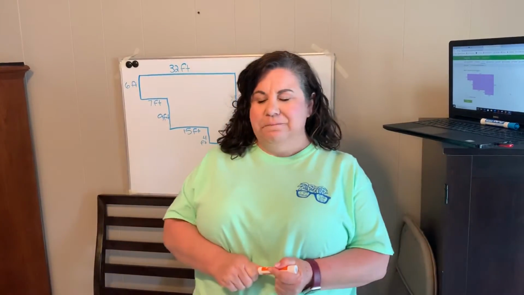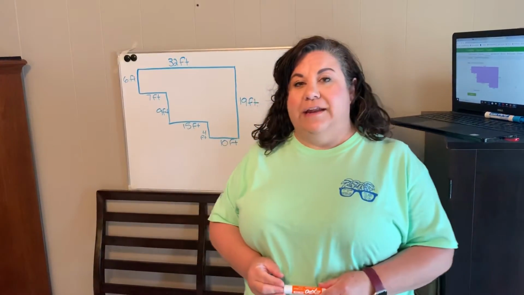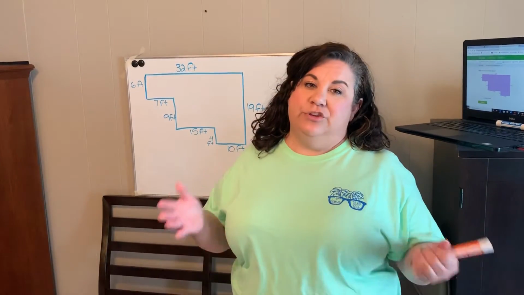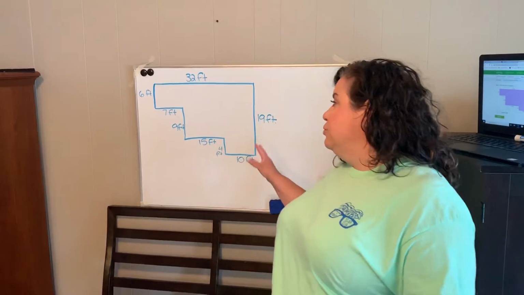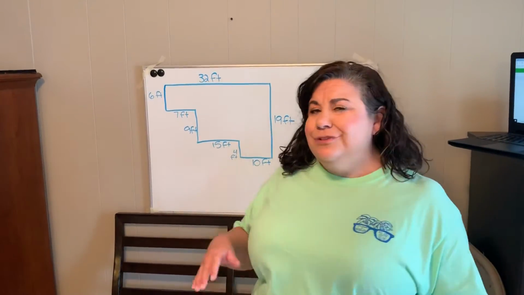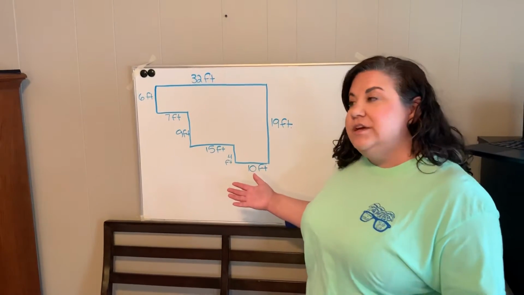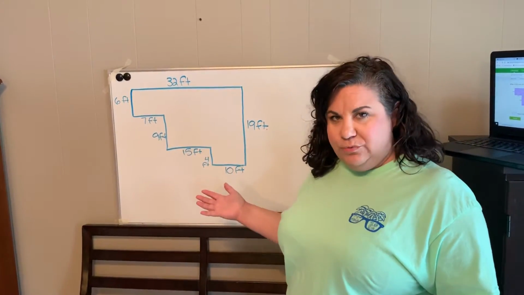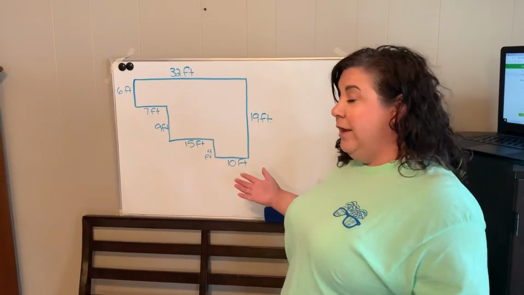All right, so today I decided to give you an example that I found on IXL. Some of you were saying that you were a little bit confused on IXL. So this was one of the ones that I found. There's lots of numbers involved. Because there's so many numbers and a strange shape, sometimes it's hard to see which way you should cut the shape to find the area.